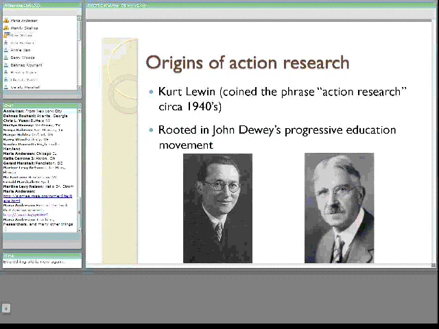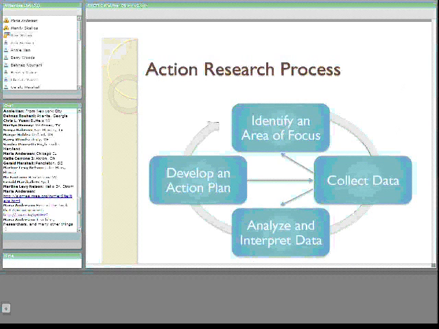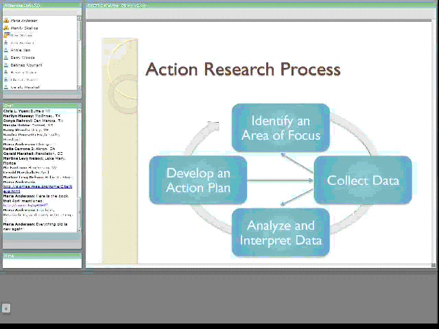So an area of focus should involve teaching and learning, and that's actually what we as educators are most interested in anyway. It should be within our locus of control. We have complete control over our classrooms and our students. And so what's nice about action researchers is that we can conduct these research studies within our own classrooms and thus have control over the research scenario.